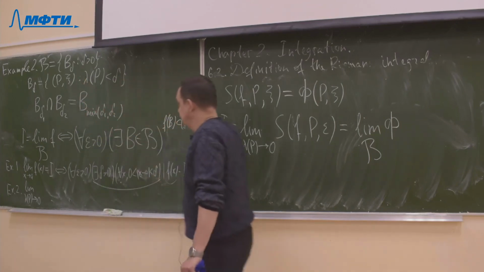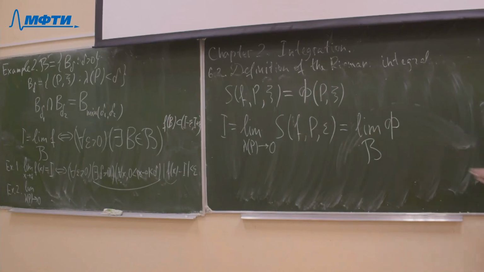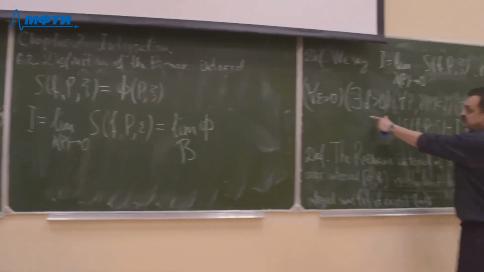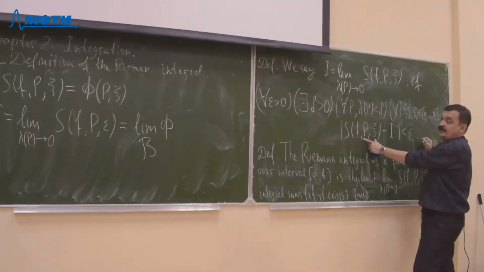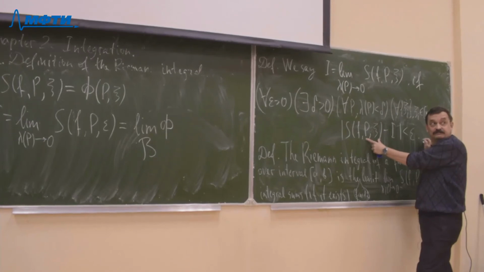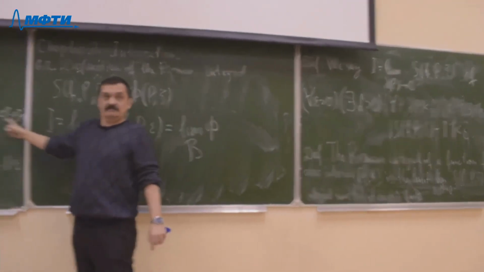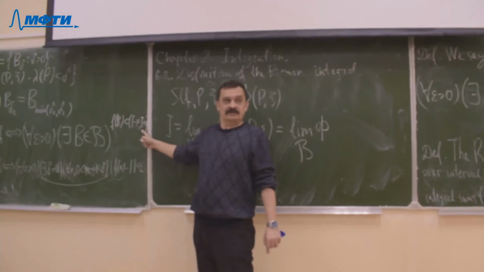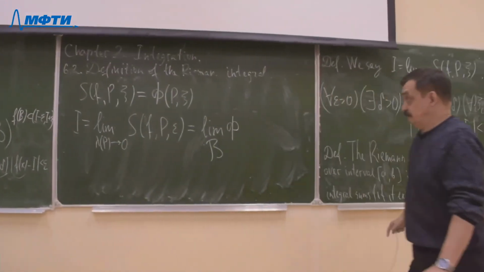Because now you see once again what it means. Look, there exists delta greater than 0, then every value of our function phi, that is function phi of our tagged partition, is in this interval. That is written precisely.